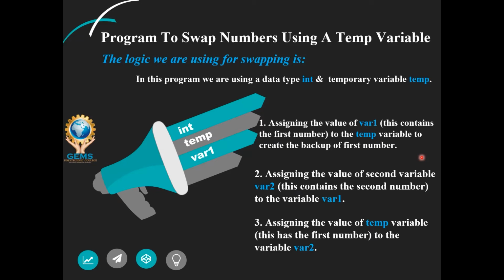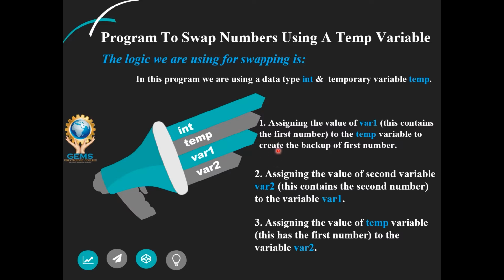Then we use a first variable named var1 and then var2. So these are the key points we are going to use in our program. As I told you, integer is our data type and temp is a temporary variable. So these two names we are going to use in our source code.